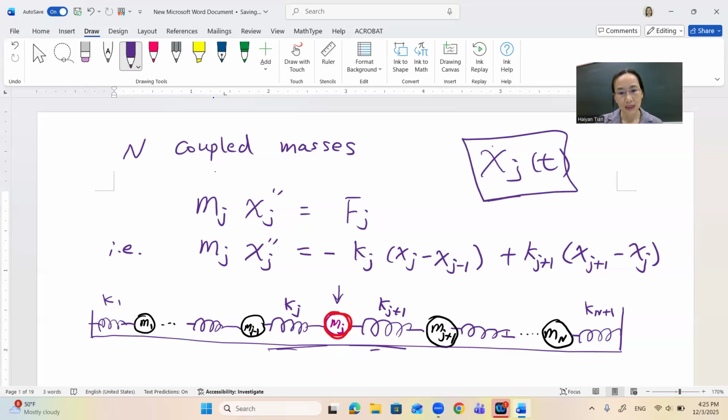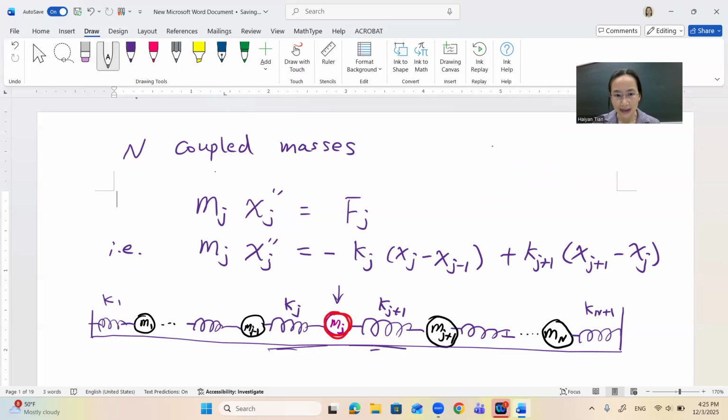So we want to write the governing equation for xj. By Newton's second law, mass times acceleration equals the external force on this body. The acceleration is the second order derivative of xj.